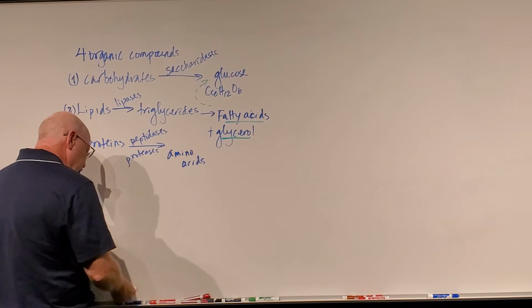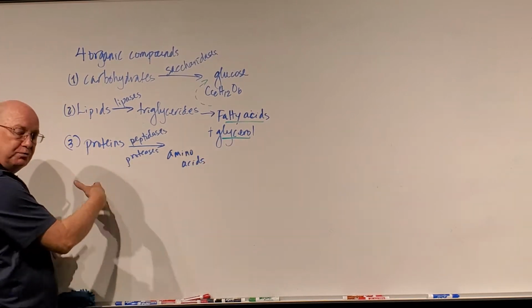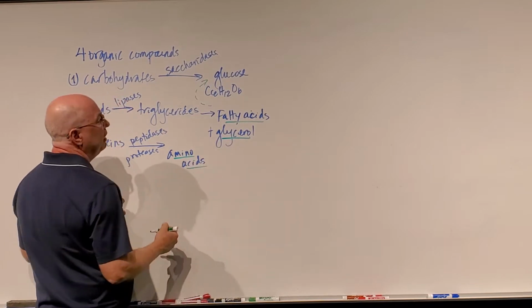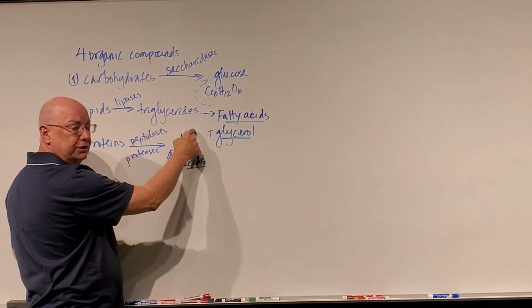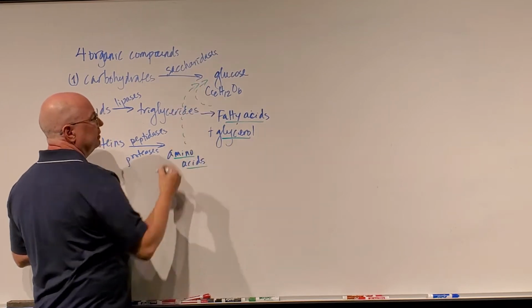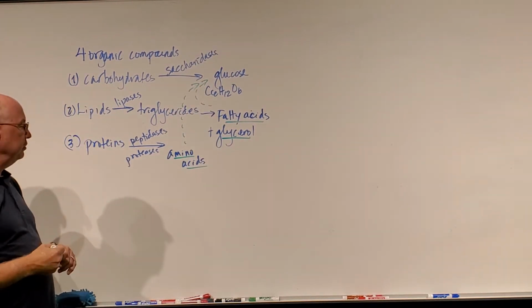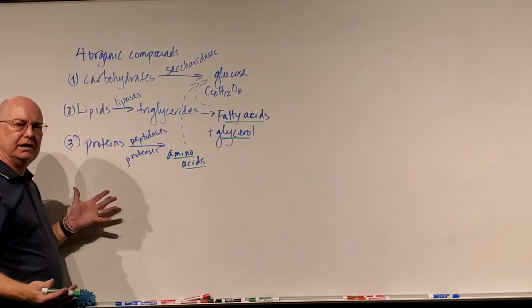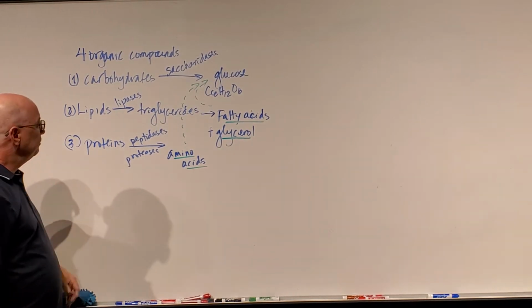Now my goal is to use amino acids to synthesize new proteins, to renew all the proteins inside the cell. But if I'm out of sugar and I'm out of triglycerides, one of the things I can do is convert amino acids into glucose. And I'm not even going to talk about the nucleic acids, because if we have to go there, we're going to die. We can't afford to do that.